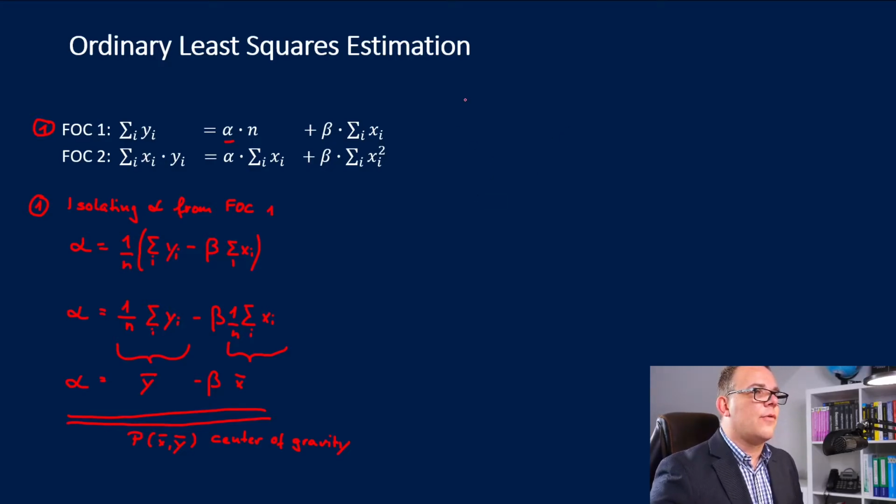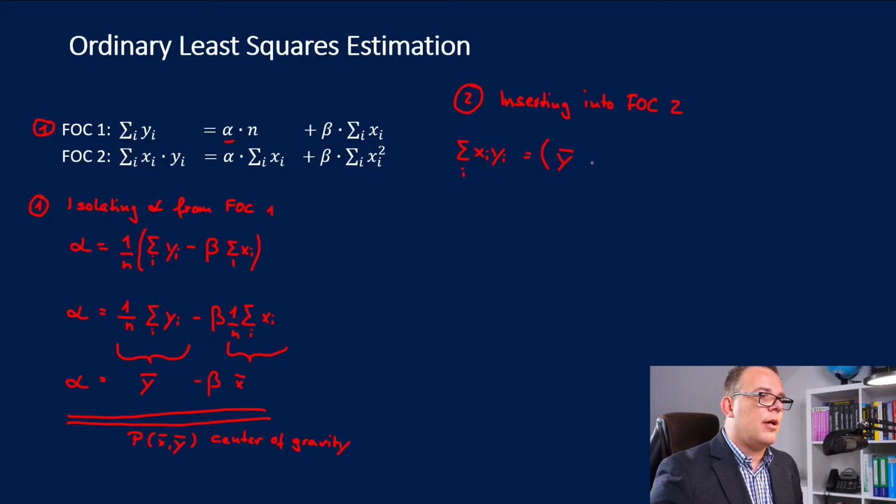The second step now, of course, I need a bit more space for this, is inserting this result into the first order condition number 2. Now, how can we do that? Of course, we take the same formula that is already given, the sum across all i xi epsilon i is given by, and now we replace the alpha by our result that we already achieved.